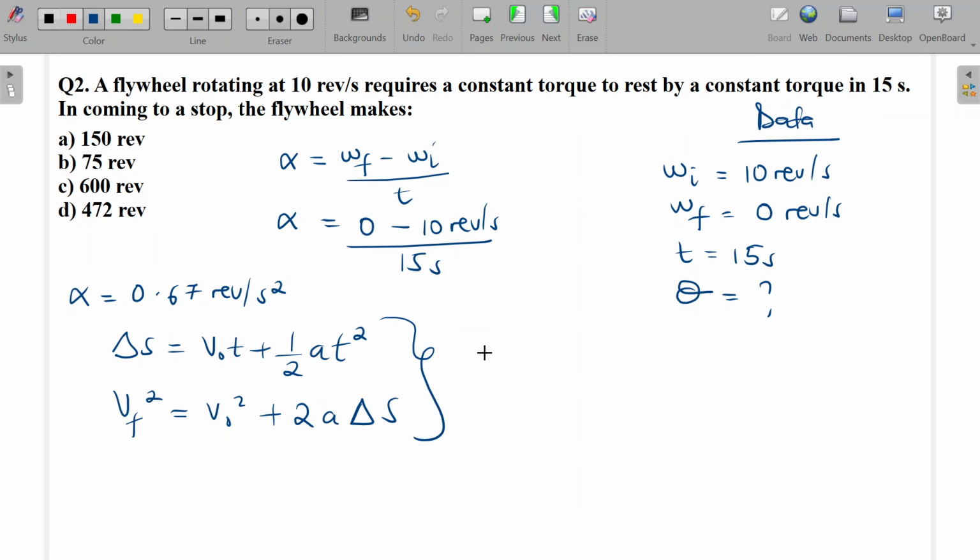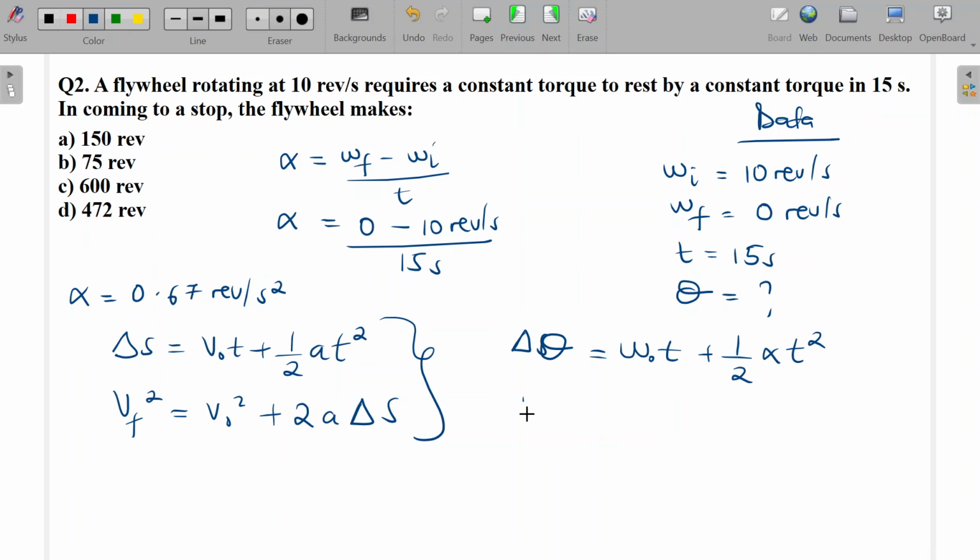So this is linear motion. But in angular motion, you're going to have change in theta; where there's S, we add theta there. Then it's going to be W initial, or you can add the 0, times t, plus 1 over 2 angular acceleration t squared.